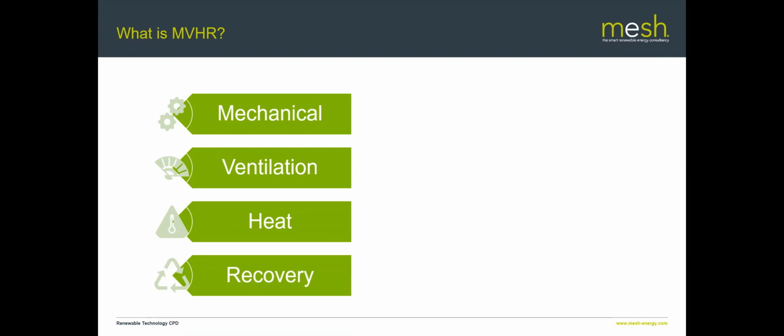It provides ventilation, which is crucial to maintaining a good indoor environment. It harvests heat, so rather than the heat produced by the heating system or through heat gains in the building being wasted during winter time, that heat is recovered and reused. So it's a recycling system for heat.